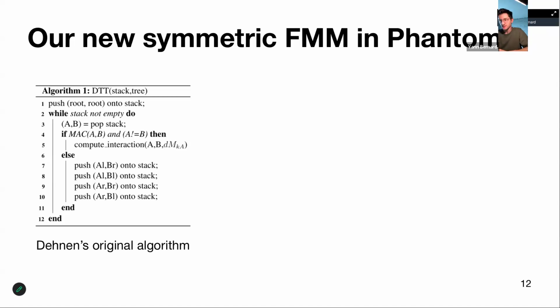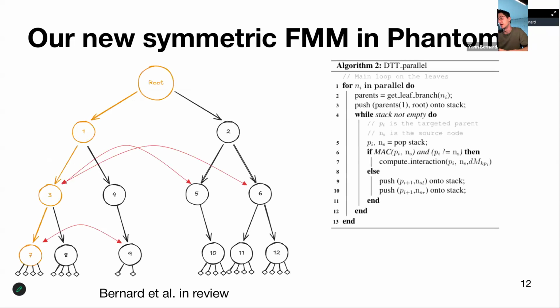25 years ago, with something embarrassingly parallel, where we compute each interaction per leaf. So one thread can be independent and compute every interaction it needs by computing every interaction between the branches, starting from the root to the specific leaf nodes.